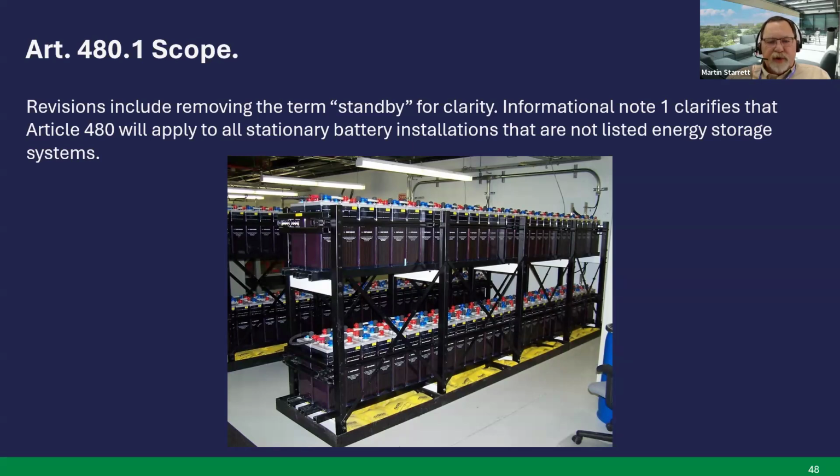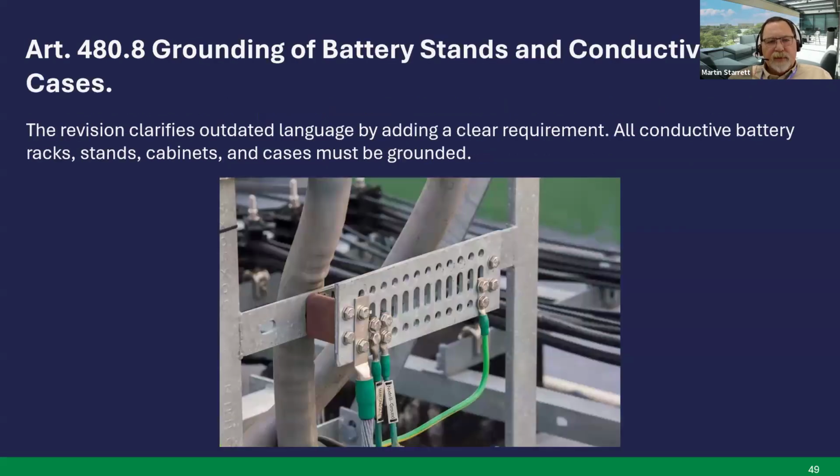I know there's been some confusion between these two terms, but you're only going to go to Article 480 if it's not a listed energy storage system, but a stationary battery installation. Next slide.